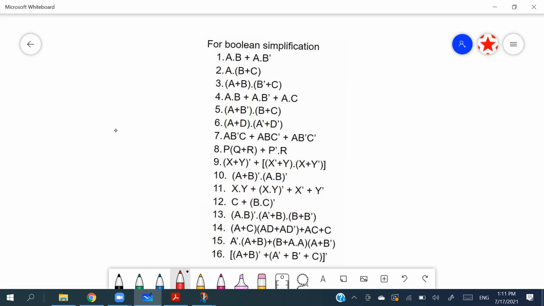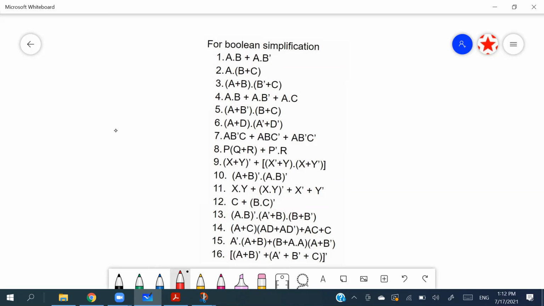So if you can't find the direct places, then the best way is to try to find some common terms, because common terms will help you reduce the big expressions. Or else just see whether you can apply De Morgan's laws.